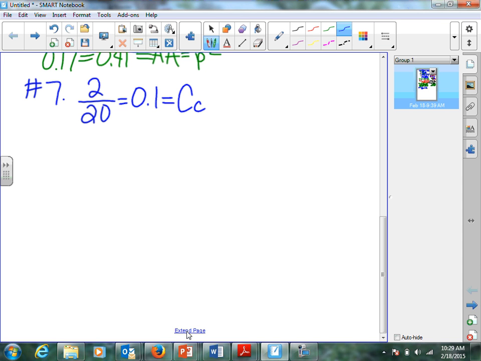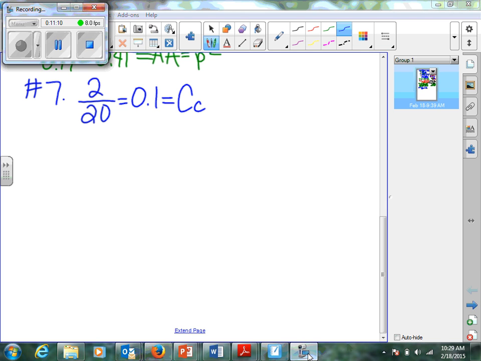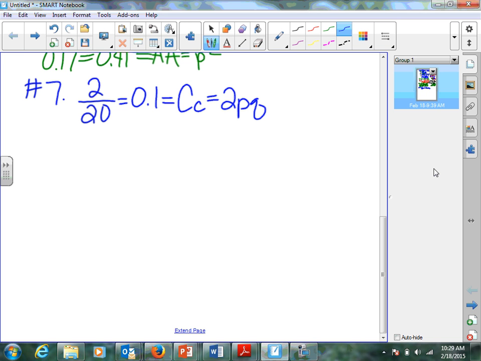Assuming that the frequency of this allele does not change as the population grows, what would be the incidence of cystic fibrosis on your island? Now, when we do this one, so we know 2pq. Now, this is where it gets kind of dicey because when I know 2pq, how am I supposed to separate those? And so with this problem, you have to make a couple of assumptions.